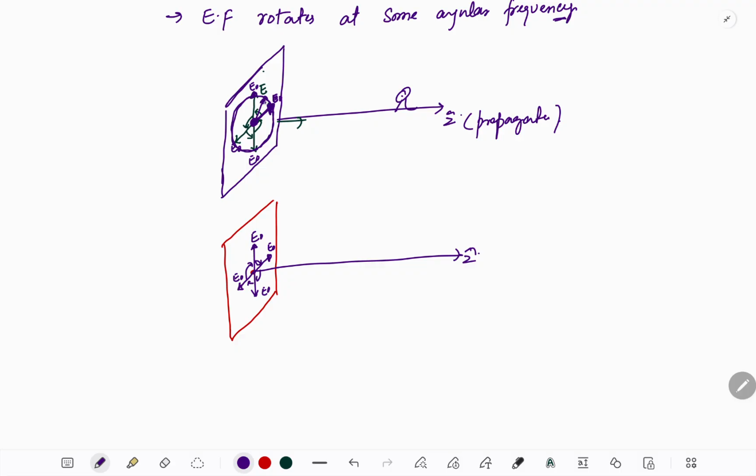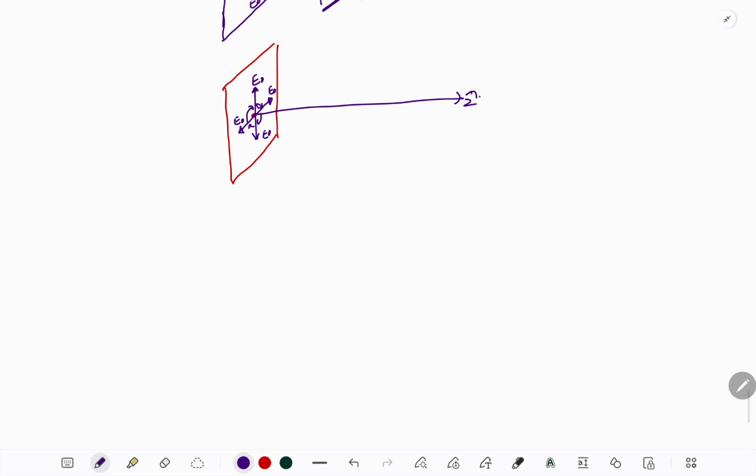Maybe it will trace this, then this, then this. I showed you the easiest way. The point is that the electric field traces a circle on a plane at a fixed value of z. With respect to time, the electric field traces a circle. I hope you understand this point. And what about the mathematics?